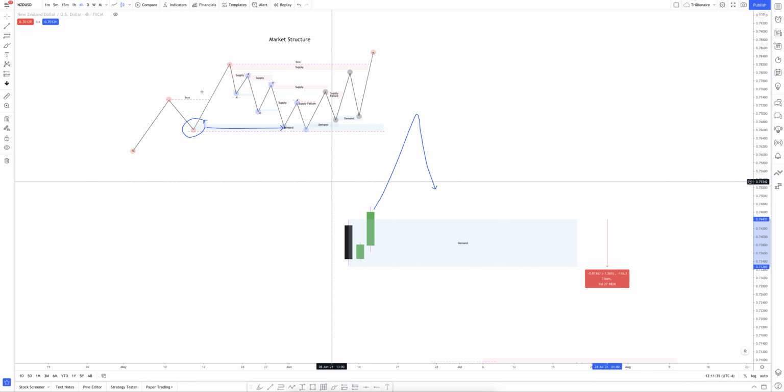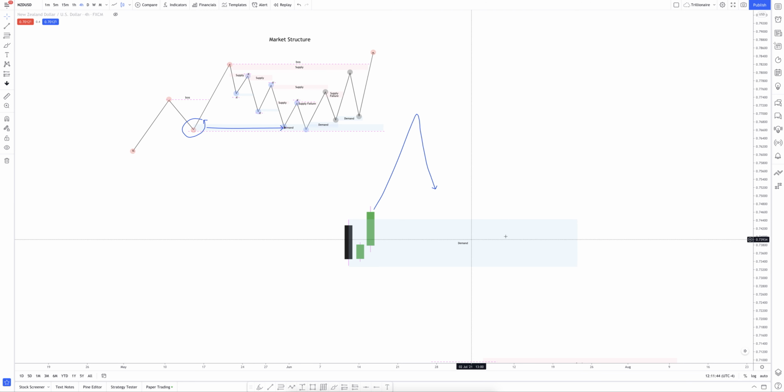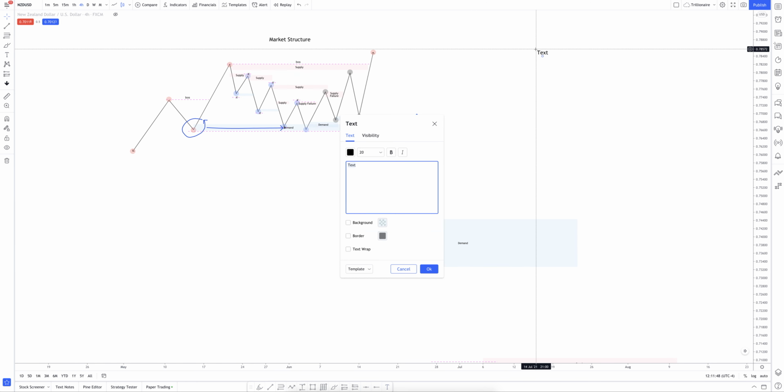It doesn't matter if you're on the H1, H4, M15, or M5, your zone's going to be a lot larger than what it really needs to be if you were to refine. So this is the first style: the full order block on your higher time frame.